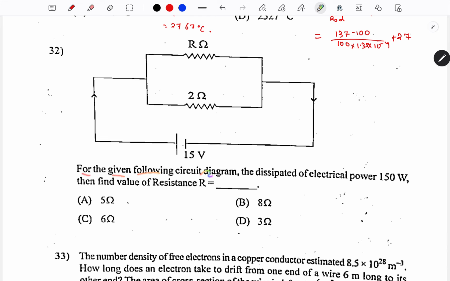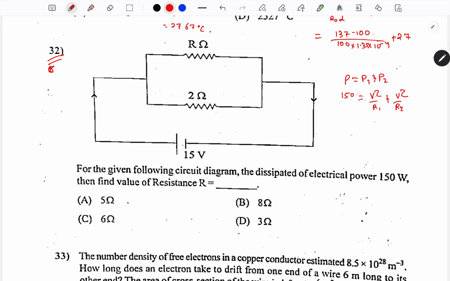For the given circuit diagram, the dissipated electrical power in the 150 ohm is given, then find the value of resistance R. Okay, here power is given and we know that the power in parallel is P1 plus P2. I think this portion is omitted but not sure, so we solve this as an included syllabus question. And the power is given, 150 watt, and P is equal to V square by R1 plus V square by R2.